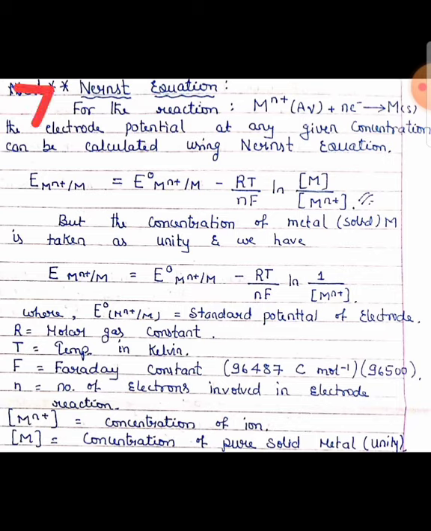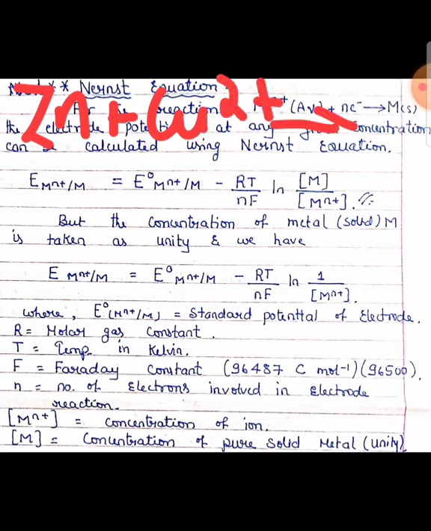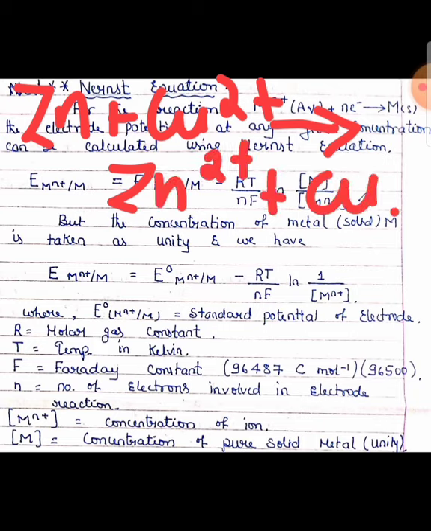Now if you get both reduction as well as oxidation reaction, for example a reaction of the type Zn plus Cu2+ gives rise to Zn2+ plus Cu. So here in the aqueous state, you can find copper ion on the reactant side and zinc ion on the product side.